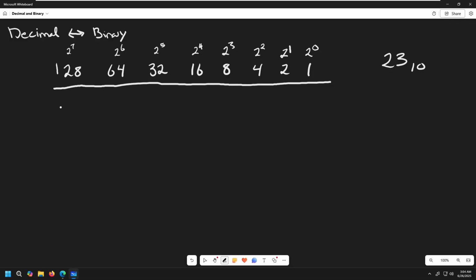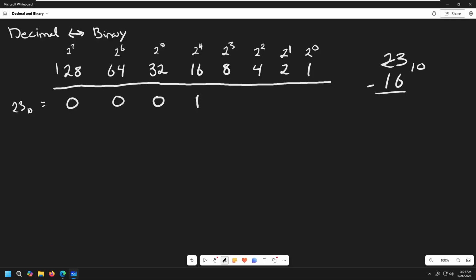And I can do a couple and leave them up. So 23 base 10 equals, well, is 128 less than 23? No. Neither is 64 or 32. However, 16 is indeed less than 23.